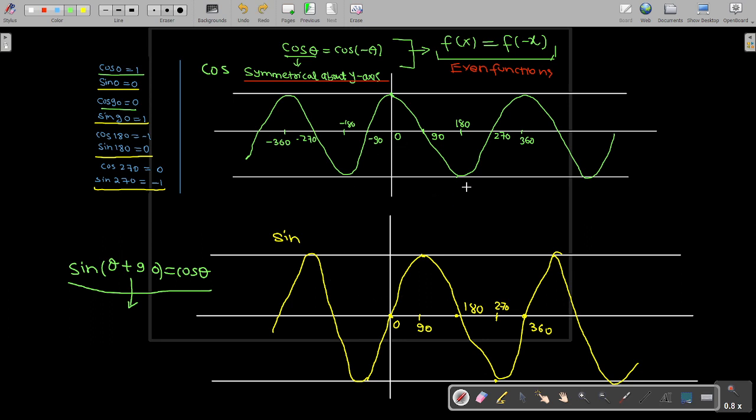But sir, cosine function is faster. Like, how do you want to call it faster? I just searched it on Google. It says cosine is more symmetrical than sine function and has more uniform rate of change as x increases or decreases.